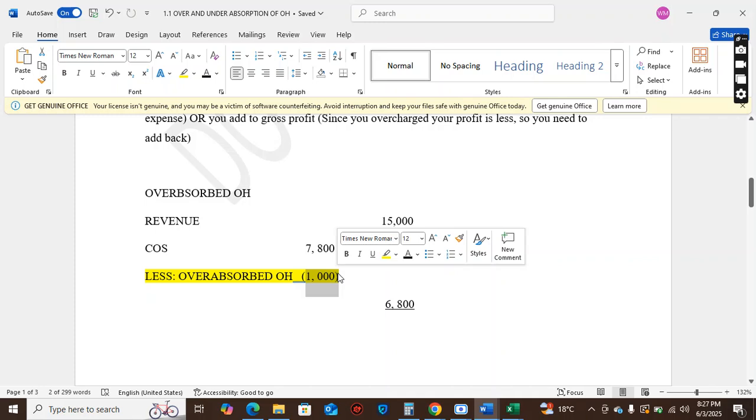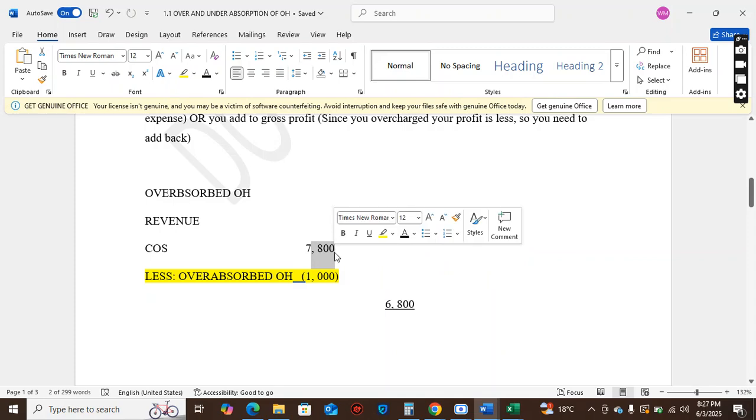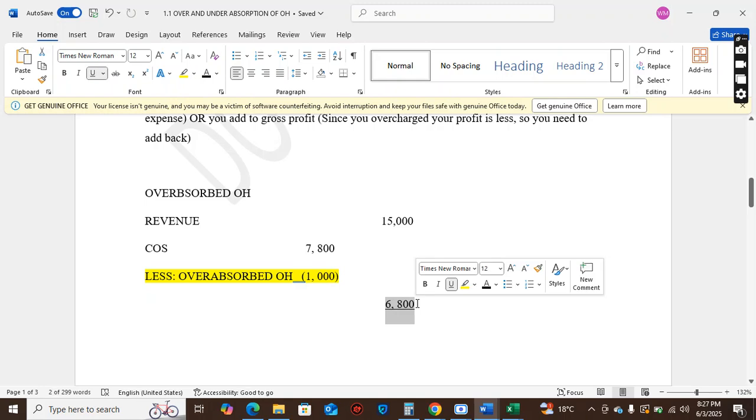In this example, we over-absorbed our overheads by 1,000. Since our cost of sales is higher than expected, we need to subtract the over-absorbed overheads. So 7,800 minus 1,000 gives you 6,800. This is your adjusted cost of sales.